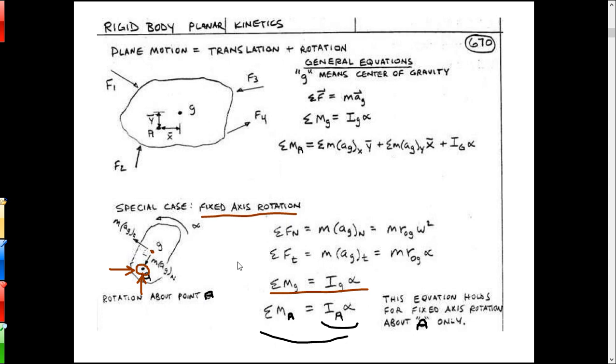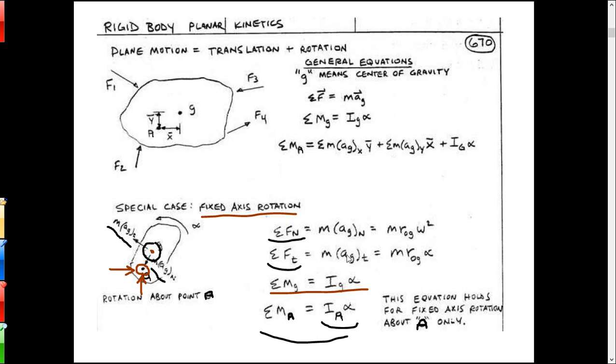Now, the other thing you can do here is sum forces, not just in the x and y directions, but you could also sum them in the normal and tangential directions and solve for the normal and tangential reactions. Those are called dynamic reactions because you analyze the object as it rotates about A. So you'd be tracking the center of gravity and looking at its normal and tangential accelerations.